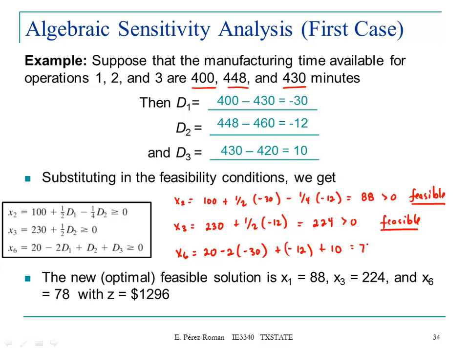That equals 78. That's greater than 0, which means that it is also feasible. So the new optimal feasible solution is x2 equals 88, x3 equals 224, and x6 equals 78, with an objective function of 1286.